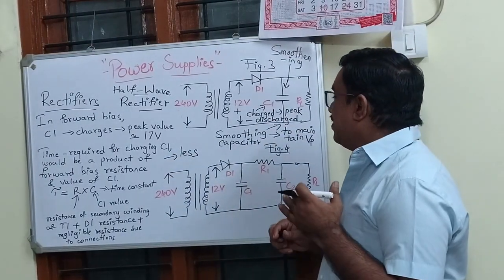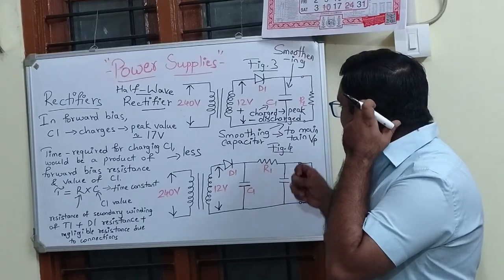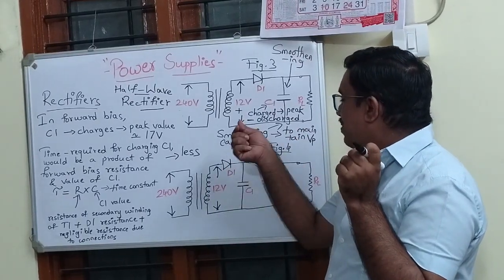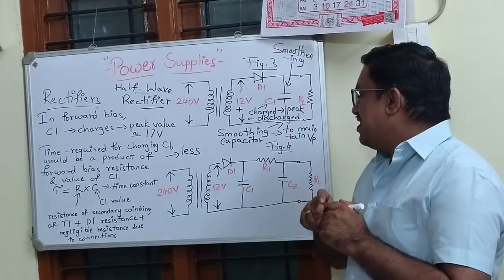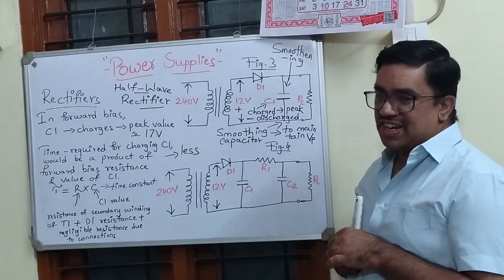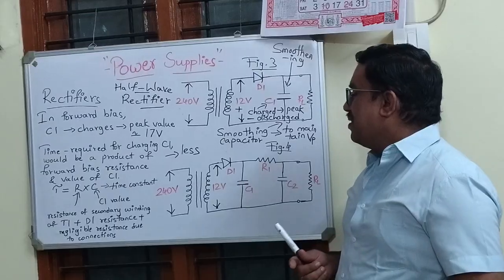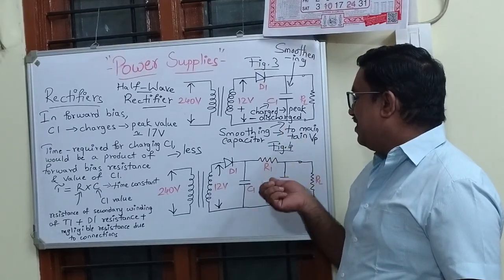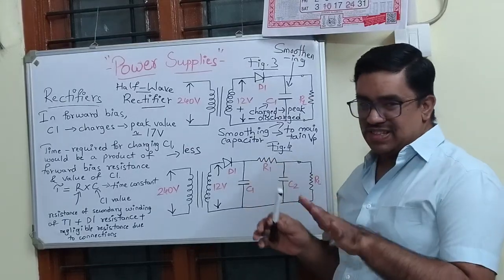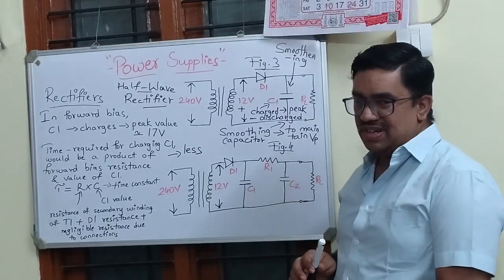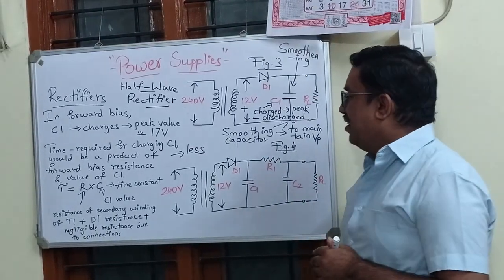When you give a supply at the transformer, the capacitor starts charging at the same time, but when you give it in the negative bias, the capacitor takes some time in order to discharge completely.